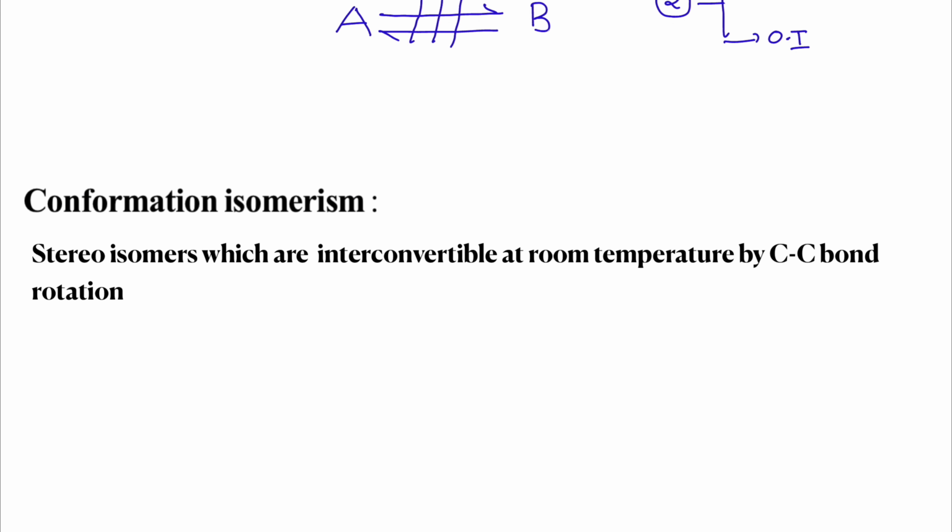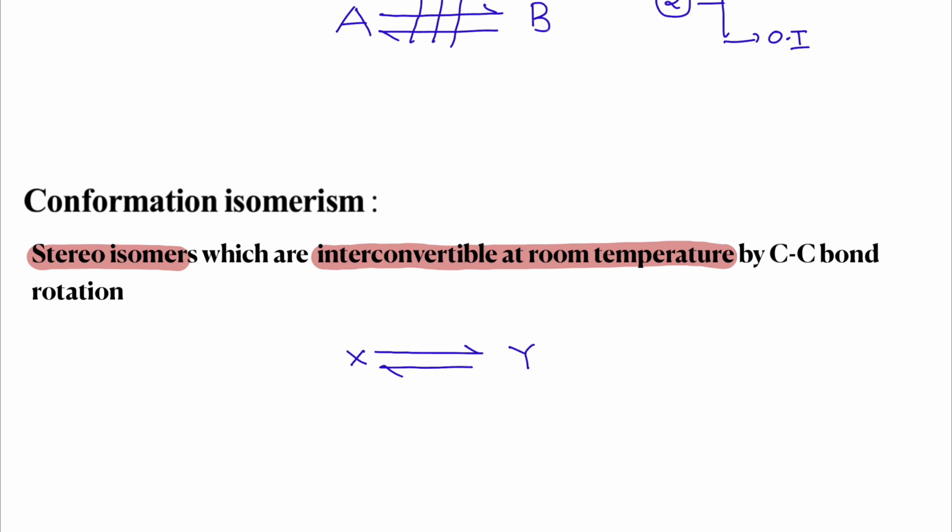The second type of stereoisomers are conformational isomers. These are the stereoisomers which are interconvertible at room temperature. Now I am taking X and Y. These are stereoisomers, but at room temperature, X is converted to Y, Y is converted to X. Not only at room temperature but also at elevated temperatures, X is converted to Y, Y is converted to X. There is interconversion, therefore these are interconvertible stereoisomers.